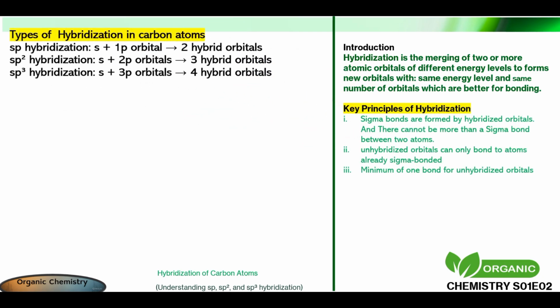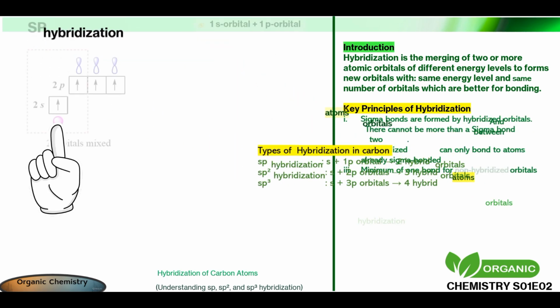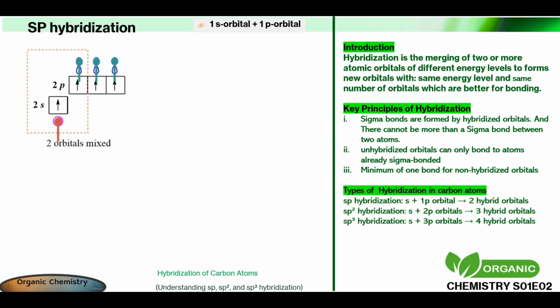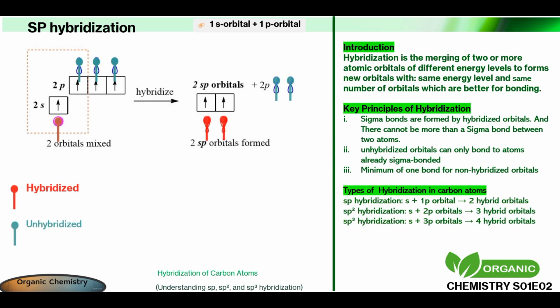We have sp hybridization, sp2 hybridization, and sp3 hybridization. When we say sp hybridization, we are looking at s orbital bonding with one of the p orbitals. For instance, if we have this s orbital bonding with this particular p orbital, which we can say is px, so we have 2s and 2px coming together.